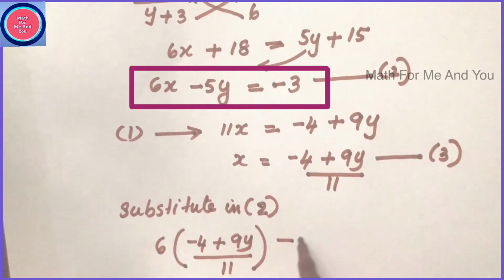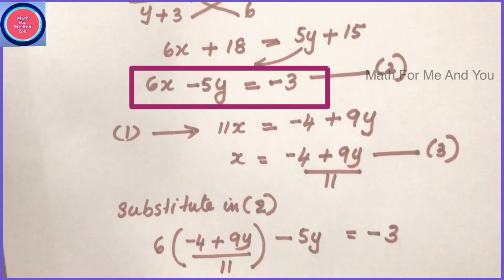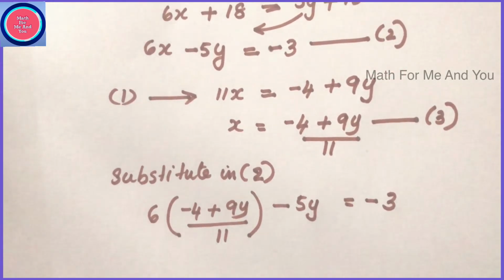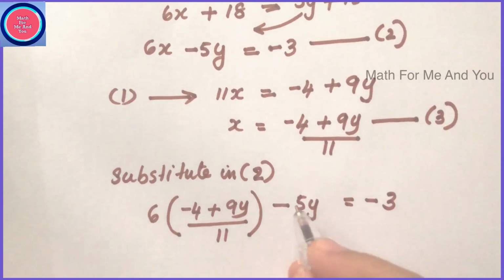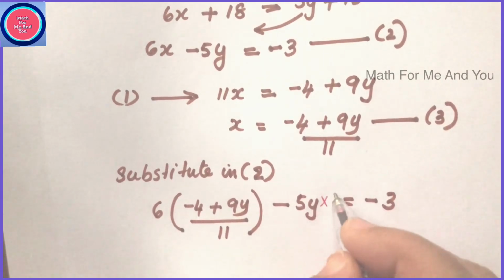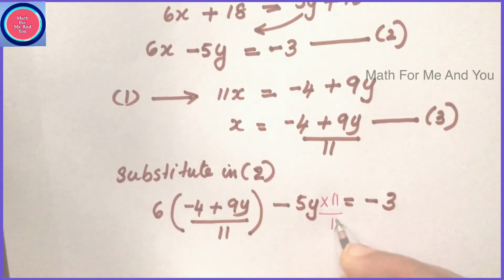Then minus 5y, write the same, equals minus 3, we write the same. Then on the left side, the first term is a fraction with the denominator 11. So the next term, 5y, we can also change to a fraction with the same denominator 11. How? Multiply with 11 in the numerator and denominator.